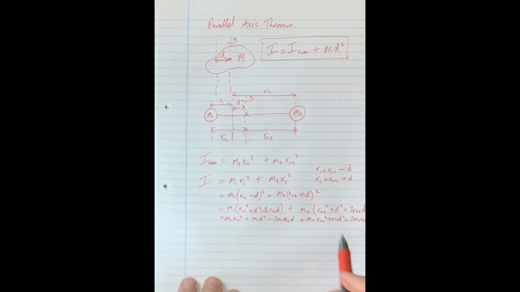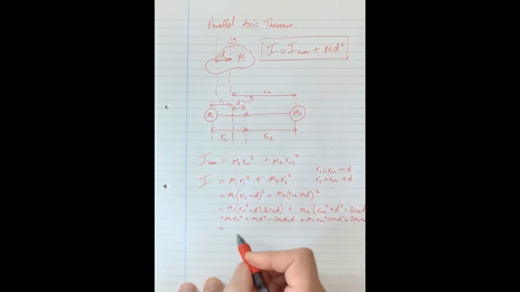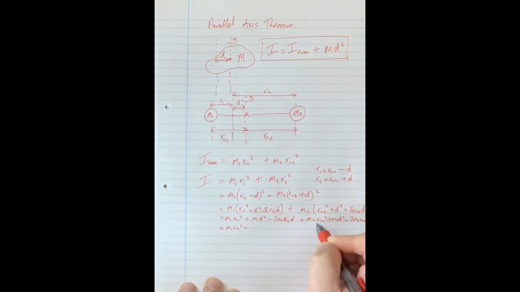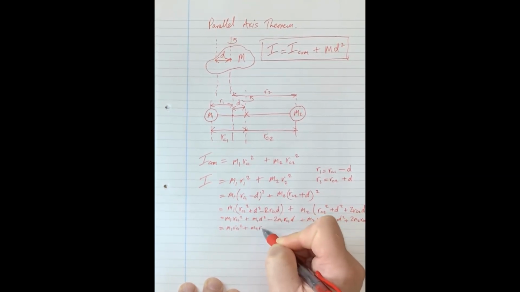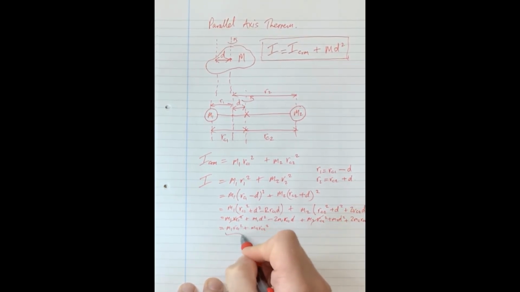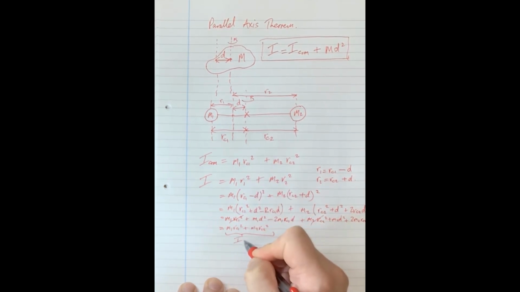Okay, looks a bit messy, but let's collect things that are similar. So if I collect the masses times their distances to the centre of rotation, the centre of mass, I'm going to have M1 RC1 squared plus M2 RC2 squared. I'll just cross them out to show that I've placed those here. Now this is originally the moment of inertia about the centre of mass of the object.